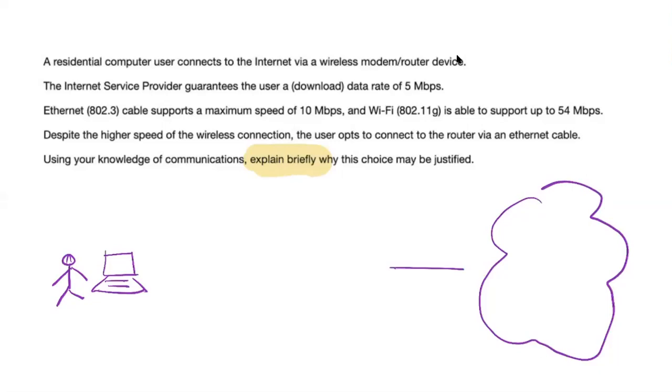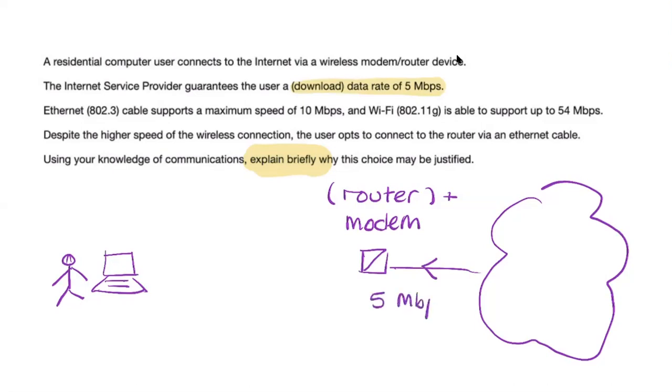They do that using a modem, but the modem is also functioning as a router. So it's a two-in-one device, a modem and a router. And the question says that the download rate is 5 megabit per second. So this rate from the cloud, from the internet to the router is 5 megabit per second. Okay, that's a maximum.